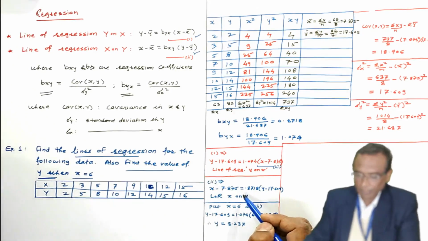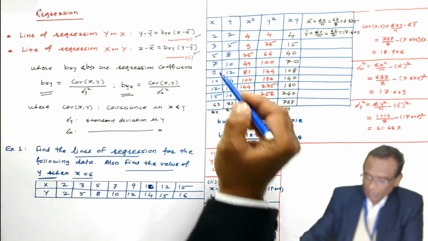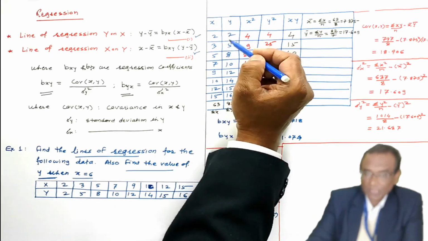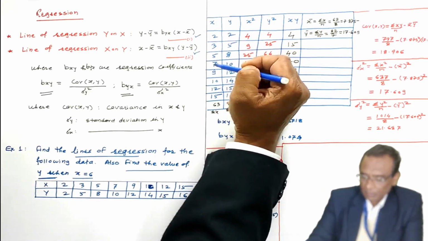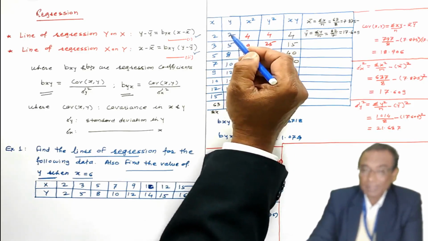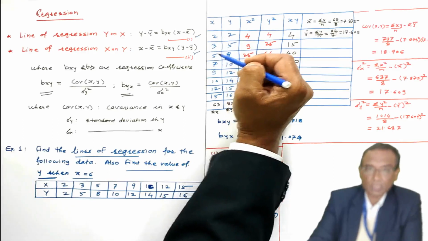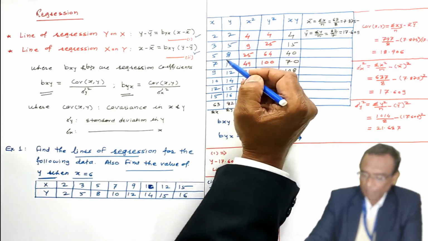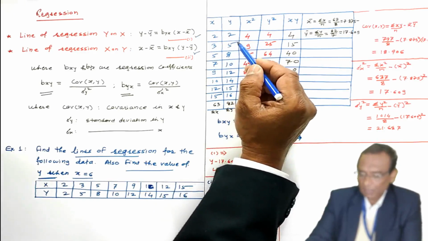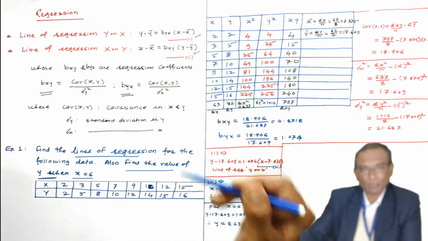So we stop here. One more thing I want to share with you: here the data is given in terms of x and y, and these are small numbers. If numbers are big, like 100, 200, 300, 500, 600, 700, 1000, it becomes a little bit inconvenient to take the square of it and take the sum of it.